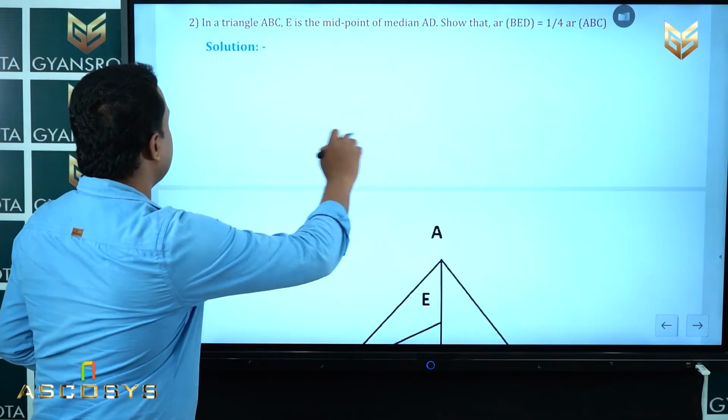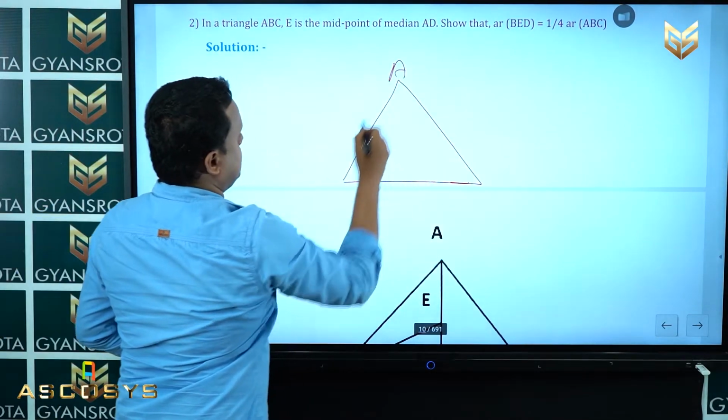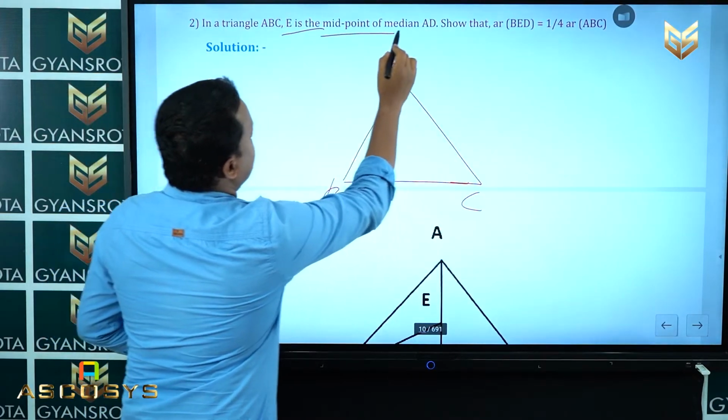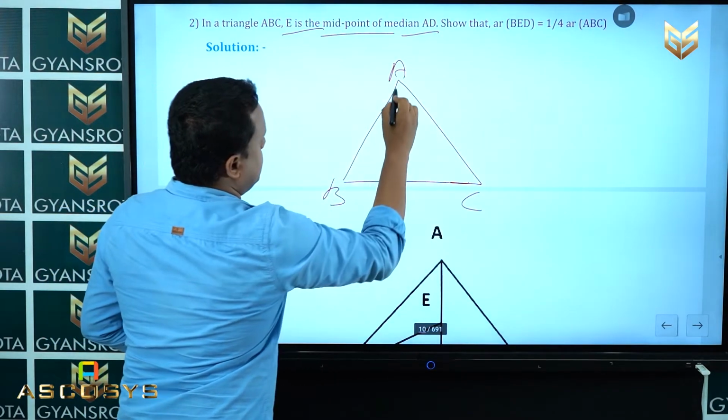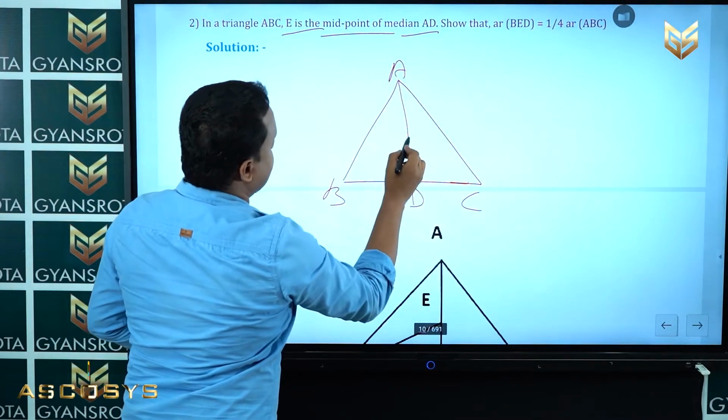This is also a similar problem. Here in triangle ABC, E is the midpoint of median AD. So, if AD is the median, E is the midpoint.